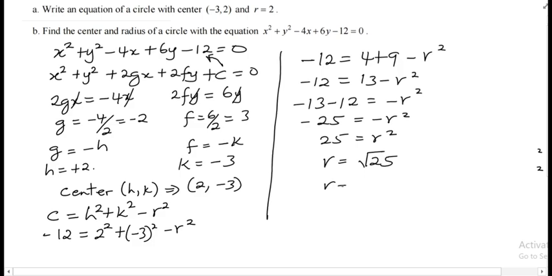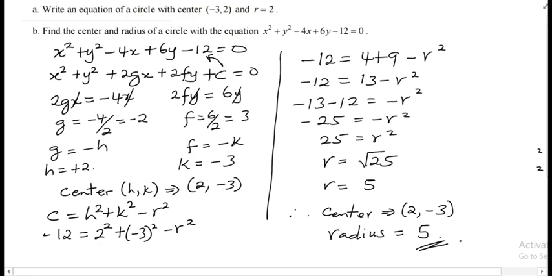So therefore, our radius will be 5. So you now have your coordinate of the center to be 2 comma minus 3, and then the radius to be equal to 5. So this is how you get it.